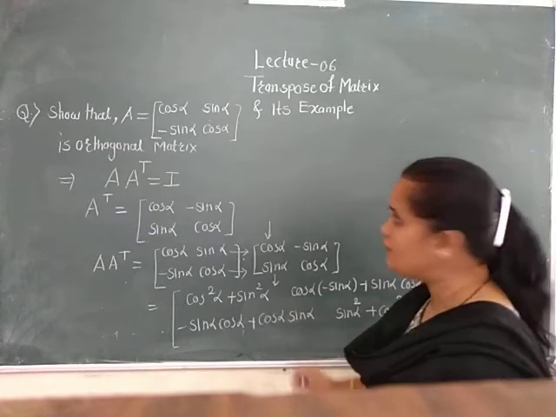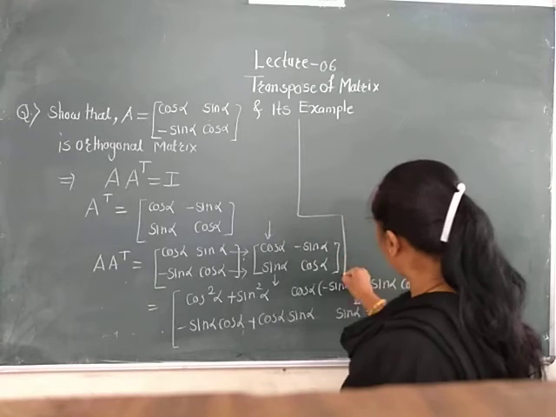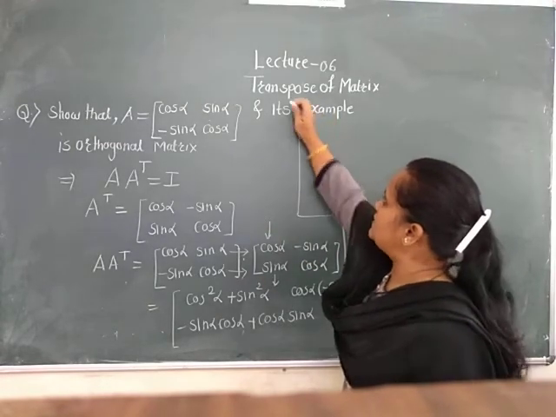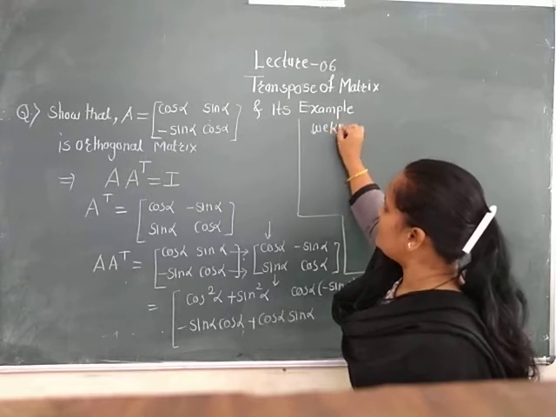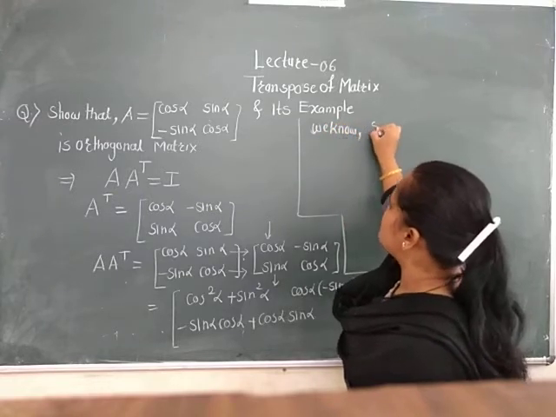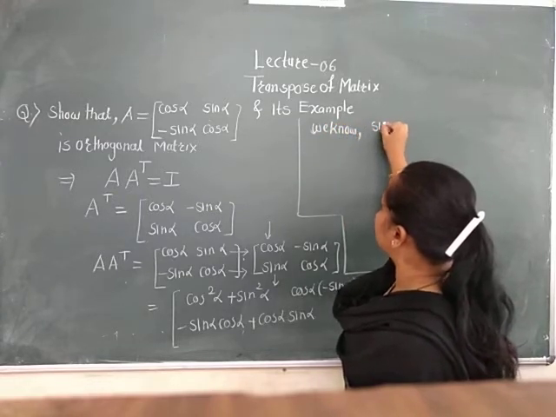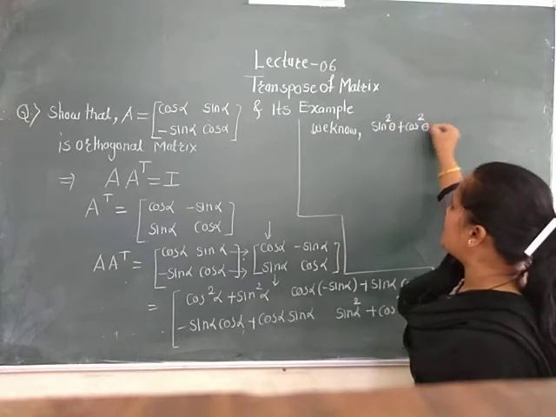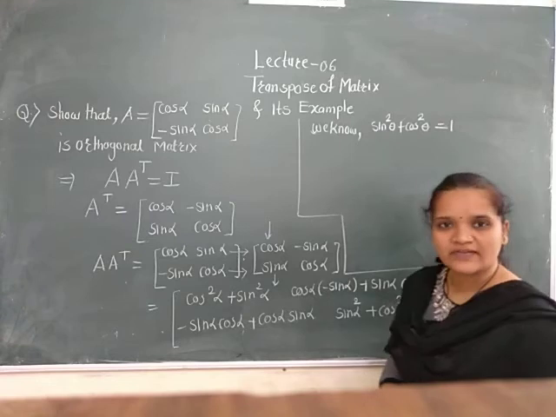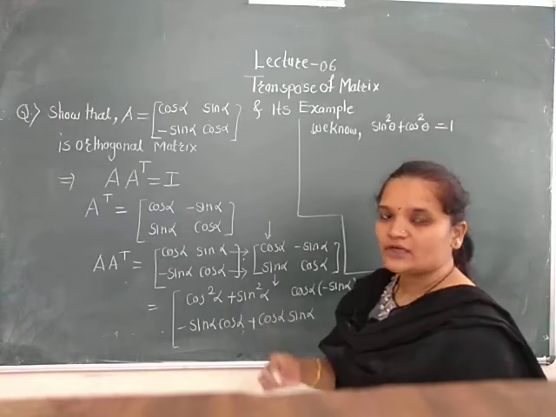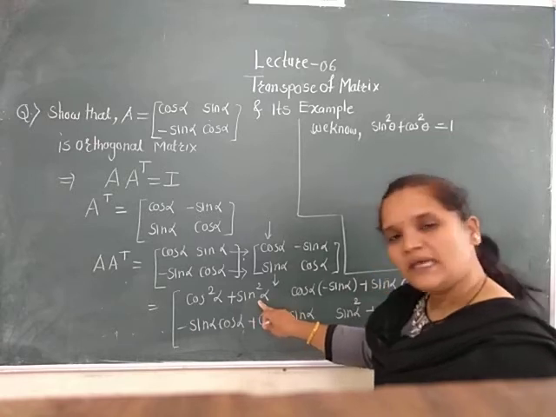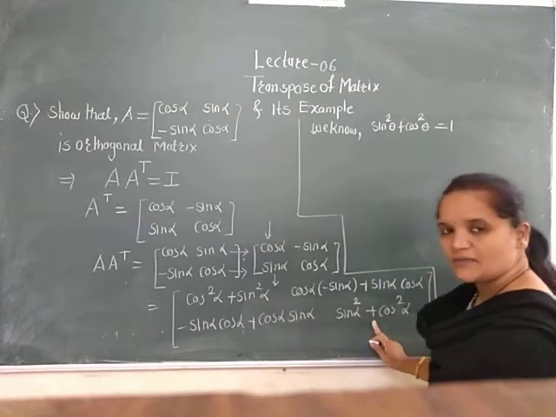Now this is done for us, but we know the fundamental identity of trigonometry: sin square theta plus cos square theta, its value is 1. So cos square alpha plus sin square alpha becomes 1, and this also becomes 1.